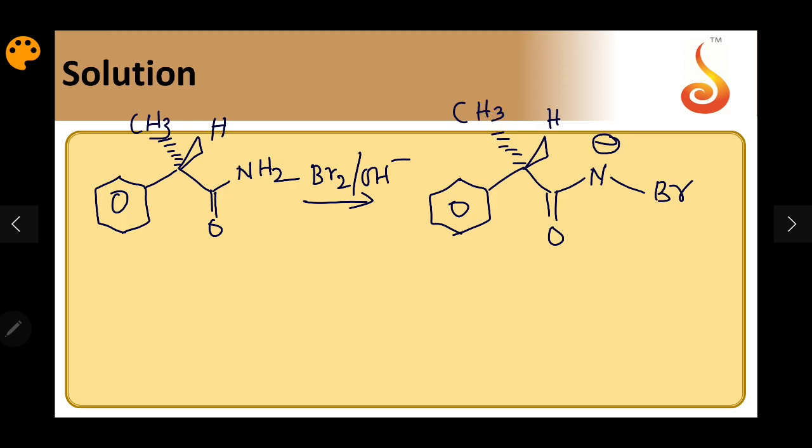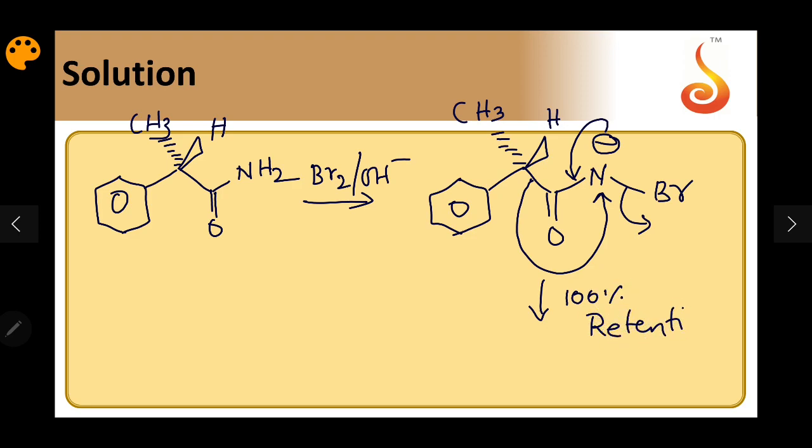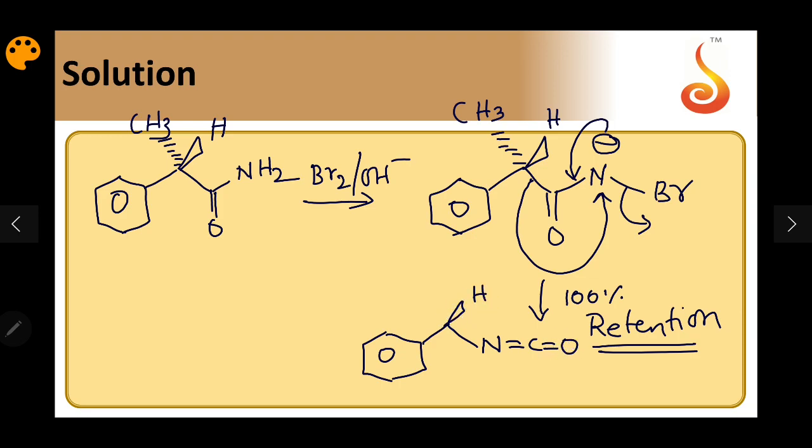Now what happens? This negative charge comes here to form the double bond. So this carbon here, this pair of bond migrates to nitrogen, eliminating Br. So this migration will be with 100% retention in configuration. So the isocyanate that I get will also have the same structure. The H will still remain in the wedge, methyl will still remain in the dotted line.